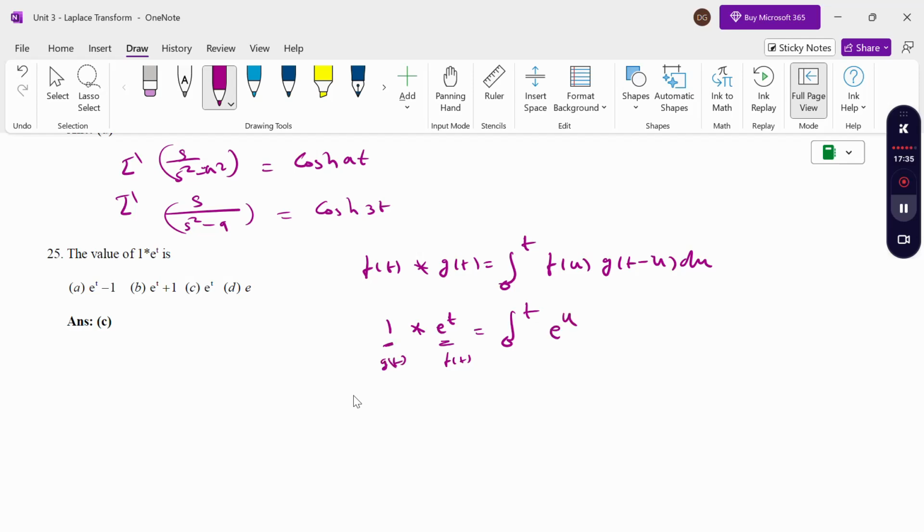Now e power u into 1 du. When I integrate e power u from 0 to t, upper limit e power t minus lower limit e power 0. So e power t minus 1. So the option A. Thank you.